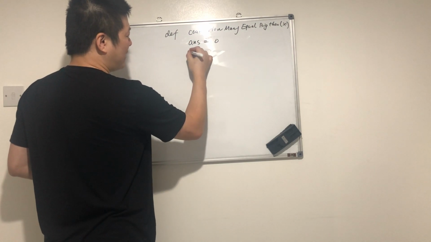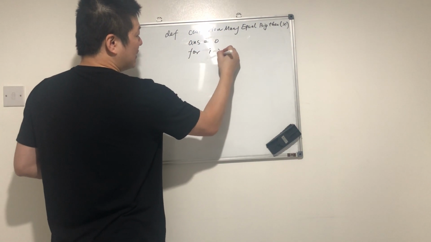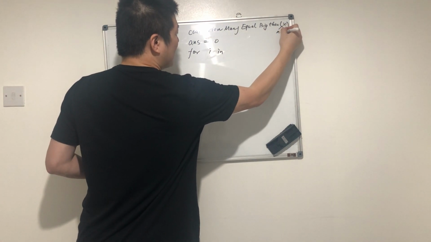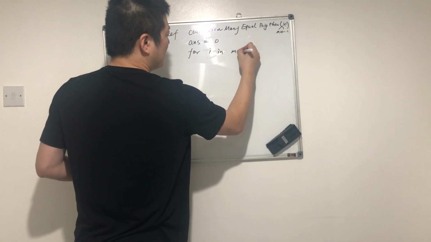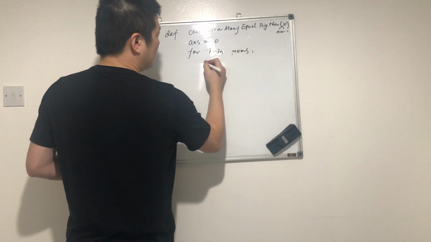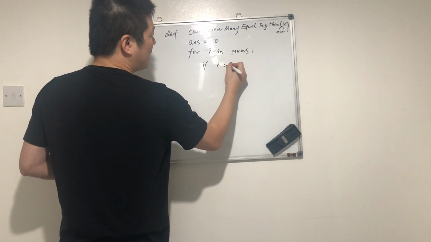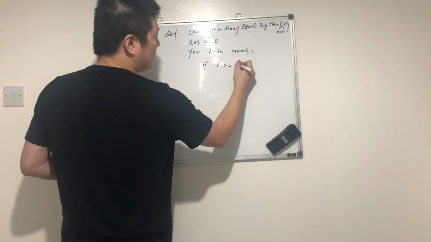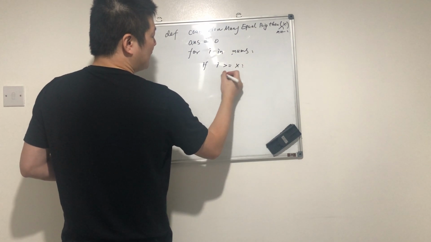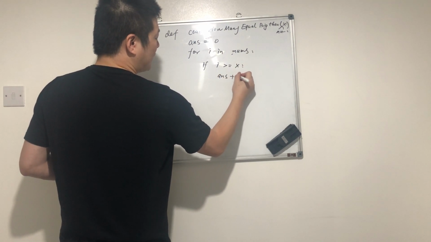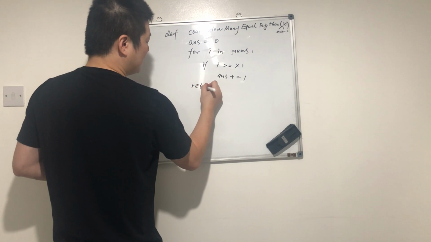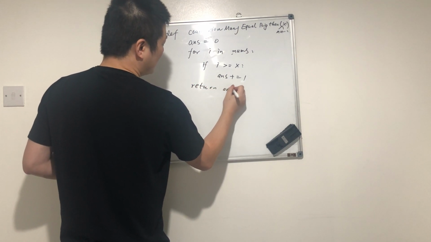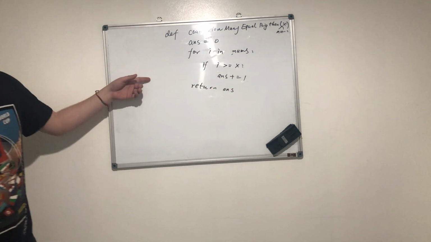I have numbers here, nums. If i is bigger or equal than x, answer plus equals 1, return answer. Can you tell me what this function tries to do?